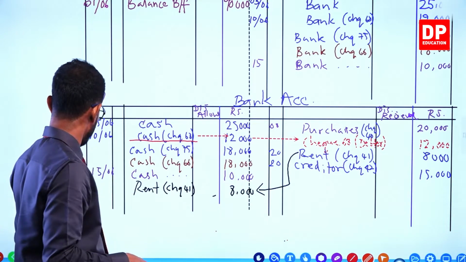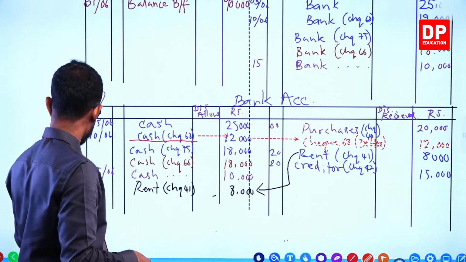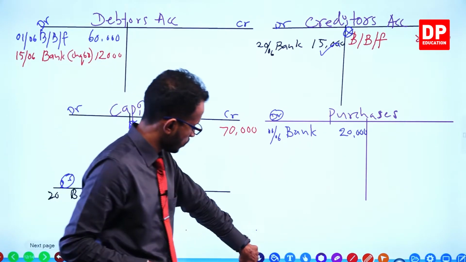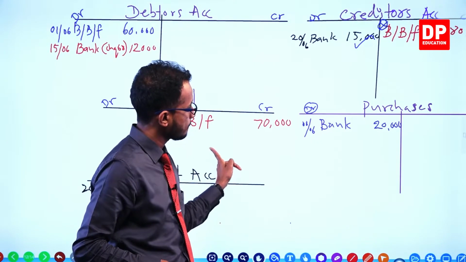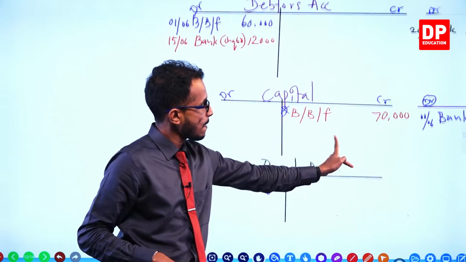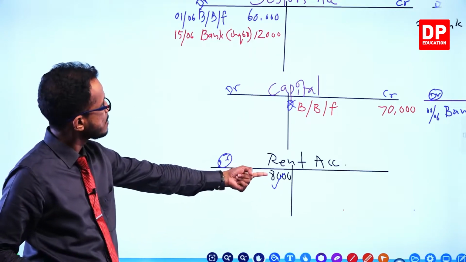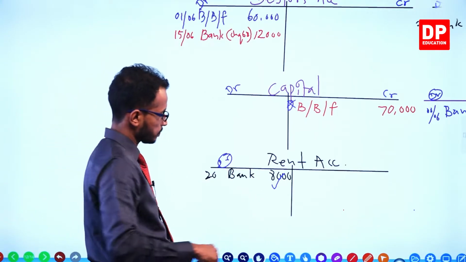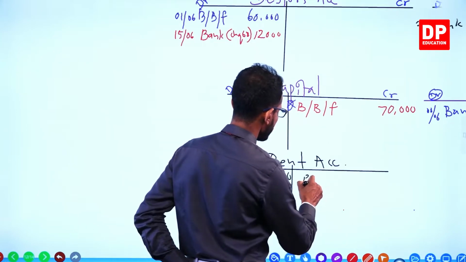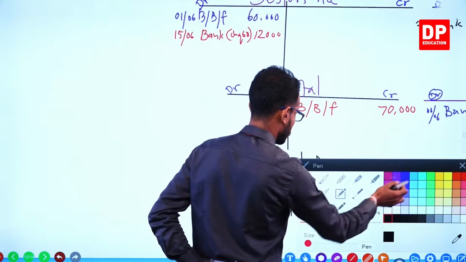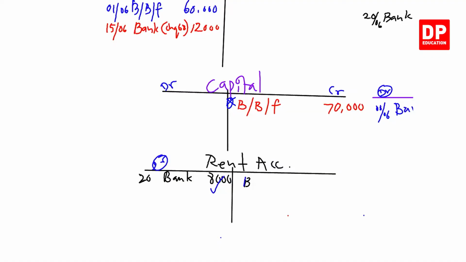Bank debit, rent account credit. Where is the rent account? It's here. Credit, saying bank, check number 68. If you want, you can mention check return, 8,000.